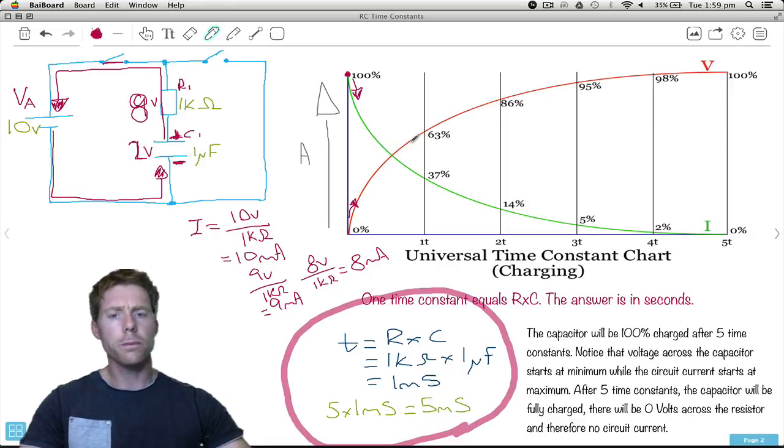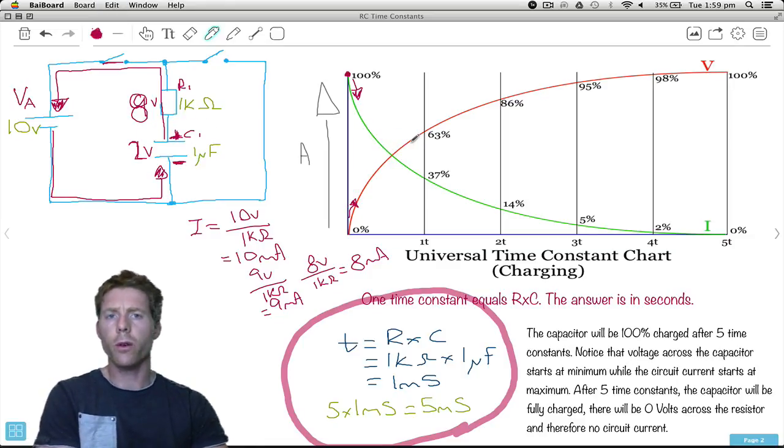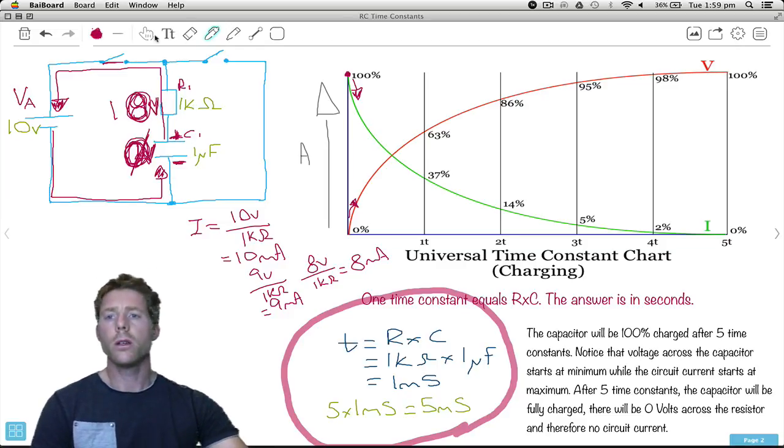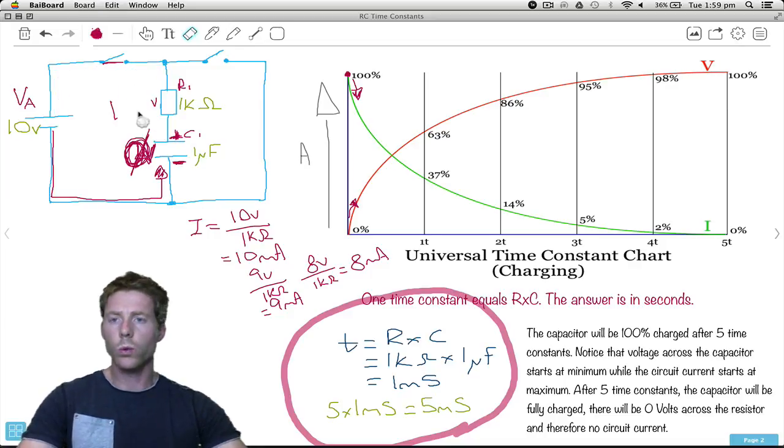But my question was, why does it actually taper off? Well, the reason it tapers off is because when we first closed the switch, and this had 0 volts across it, all of the voltage, so the full 10 volts, was across the resistor.